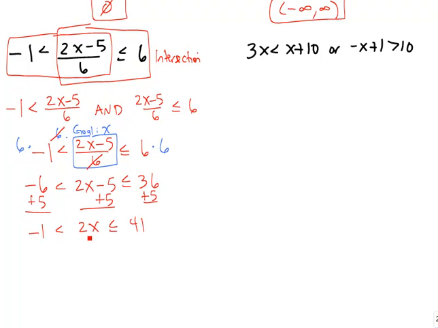And to finish off the problem and get x all by itself, we want to get rid of that coefficient, which right now is being multiplied. So to undo that multiplication, we would divide by 2. We're dividing by a positive, so we don't have to do any flipping. And this is going to give me negative 1/2 less than x less than or equal to 41/2.